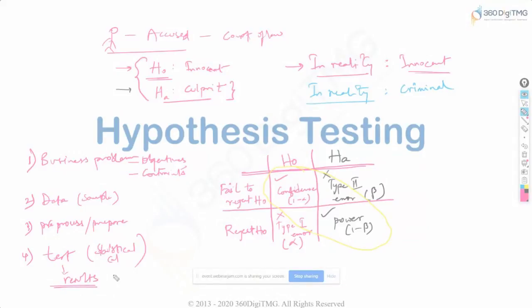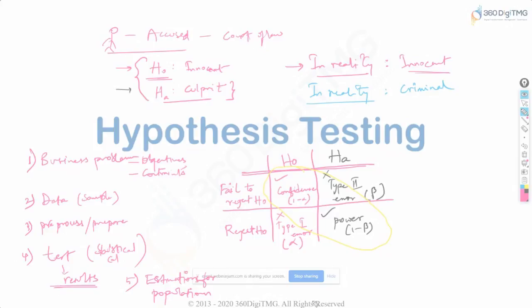Using these results, we need to make estimations. We have to make estimations for the population, right? But we are estimating.